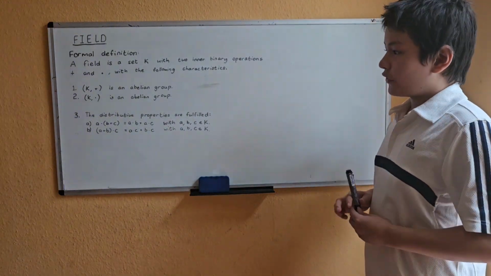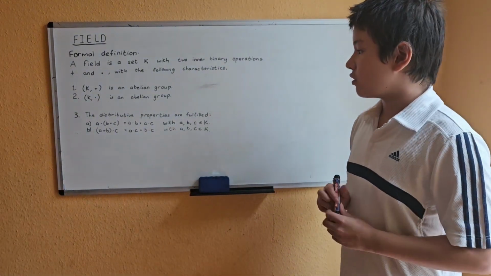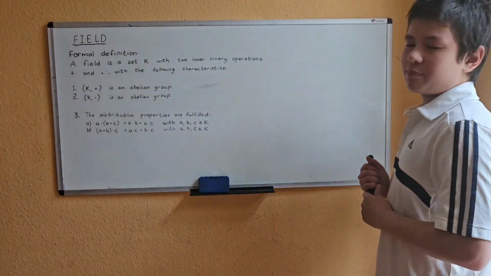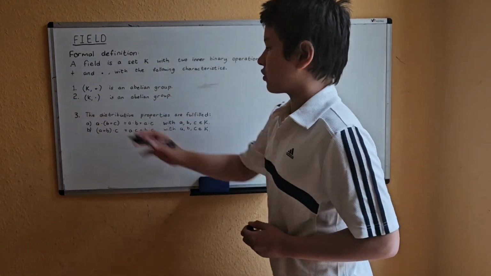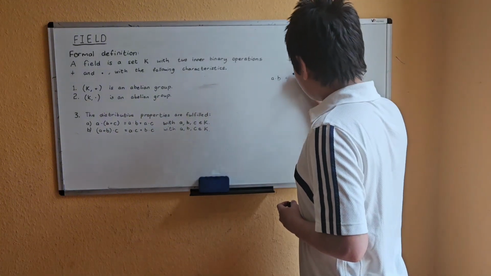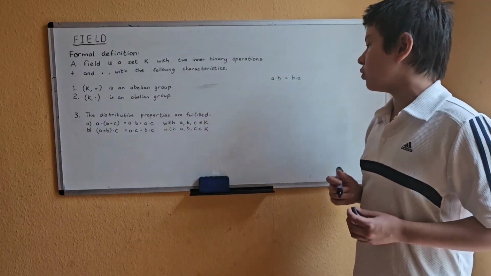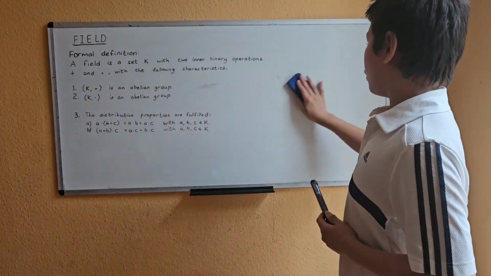And now what this means is that it's a group, which is the definition I just showed you, plus the abelian part, which just basically means that if you take two elements out of this group, then it equals this. So you take A and B out of this group, then A times B equals B times A. So that's basically all it means.